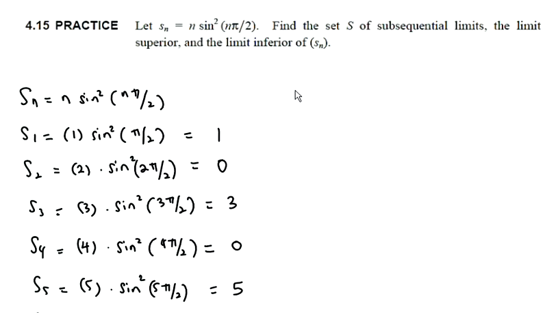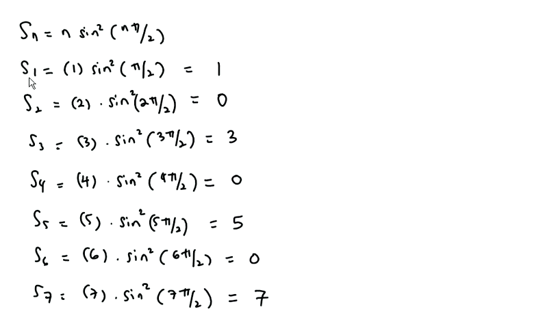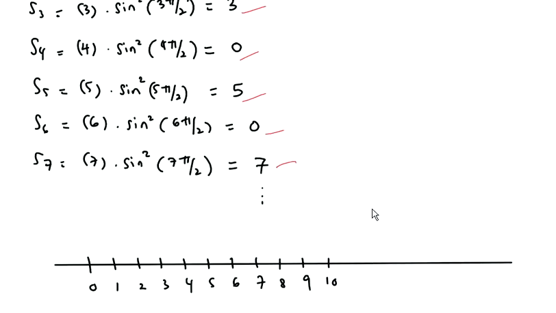We find S1 by substituting n equals 1, so we get 1. And then S sub 2, substituting 2 into n, we get 0. Next, the third term is 3. Fourth term 0. Fifth term 5, 6 gives 0, and then 7, and so on.